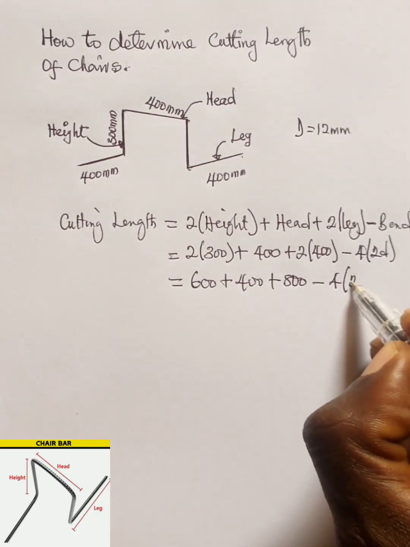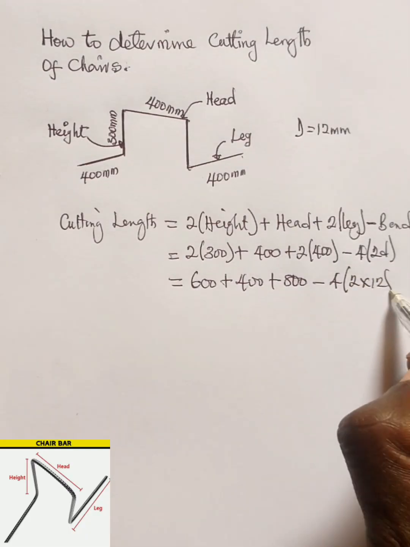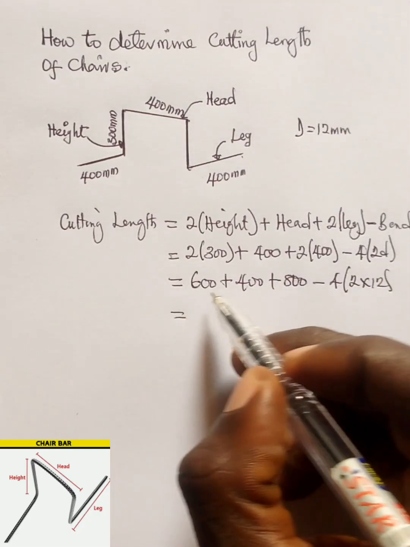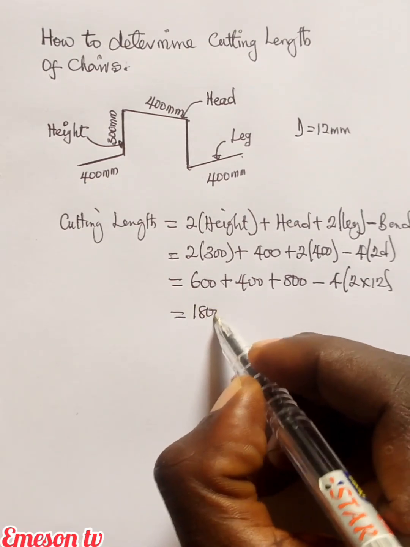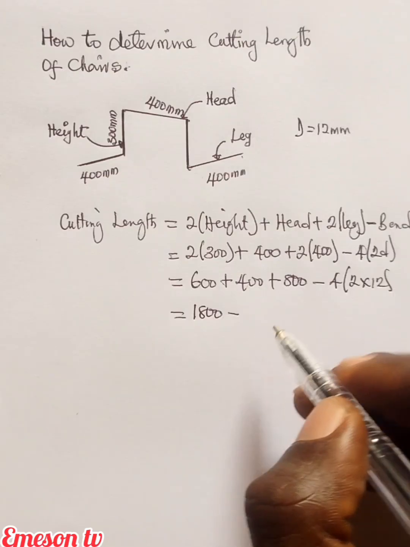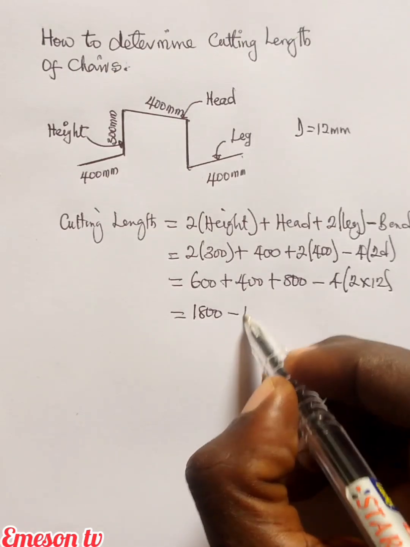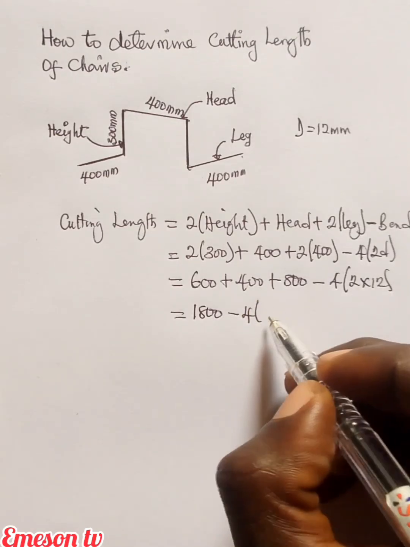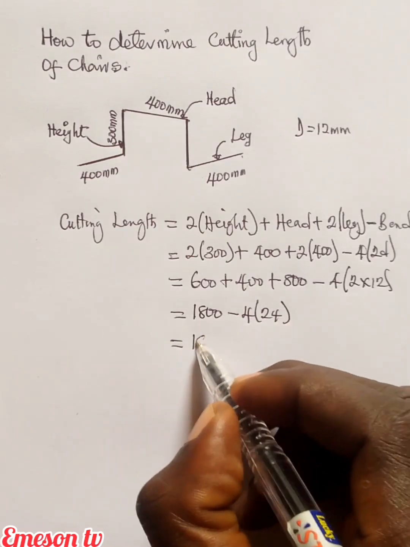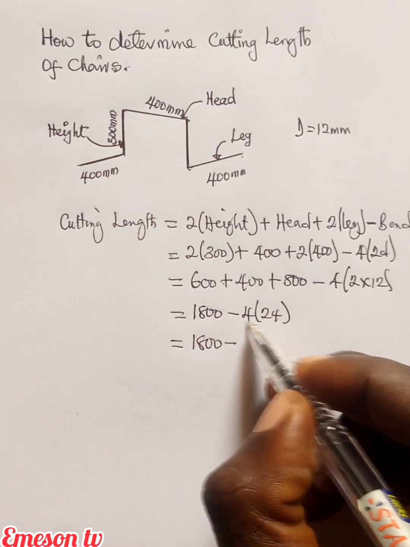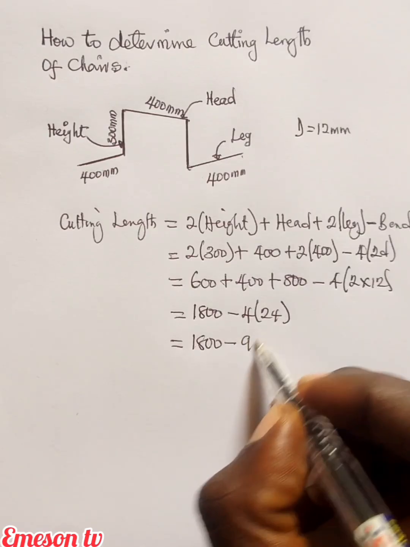So it has to be 2 multiplied by 12. So let's go. We'll add this and this. This will give us 1800 minus 4 multiplying 2 times 12, which gives us 24. So 1800 minus 4 times 24 will give us what?